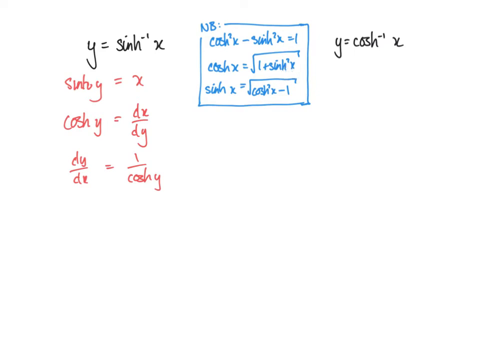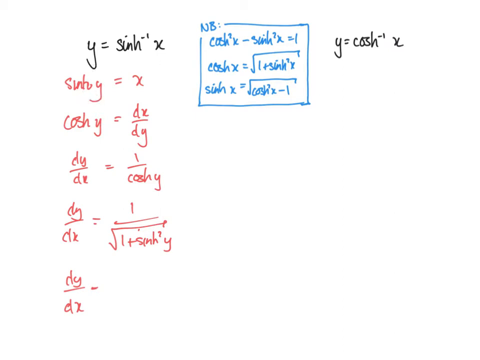Okay. So if we apply that here, then we can say that dy by dx is equal to 1 over the square root of 1 plus sinh squared y. Cosh y is equal to the root of 1 plus sinh squared y. Now that is quite a cool move, because once we've done that, if you look up at the top here, we've defined x as sinh y.